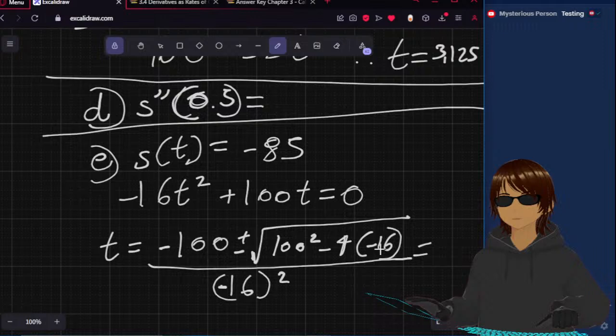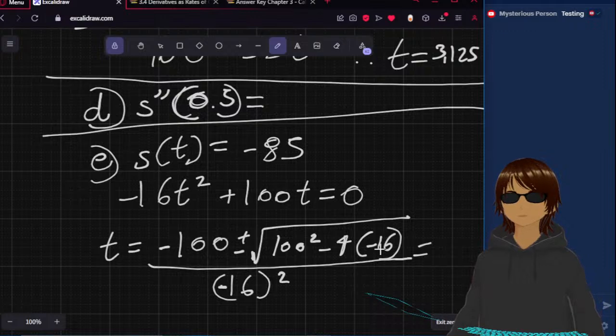Okay, I'm gonna be using my calculator for this. Or should I do it on Desmos? Okay, 16 times 4 is 64. Plus it with 100, square.